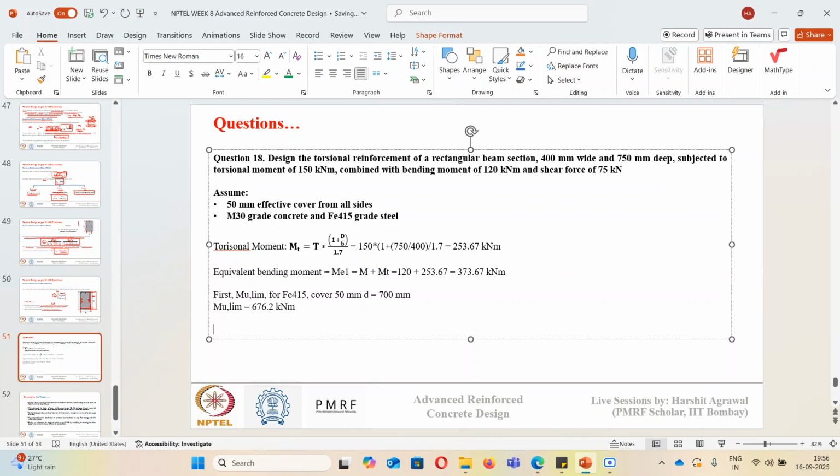So I will use the relationships that we saw in the last session, and determine the percentage reinforcement.